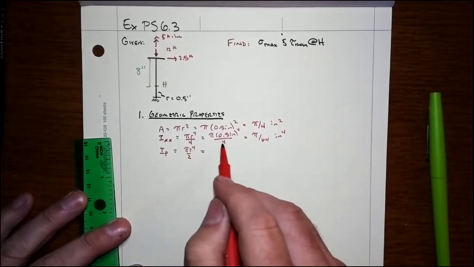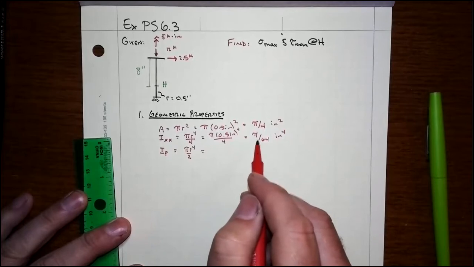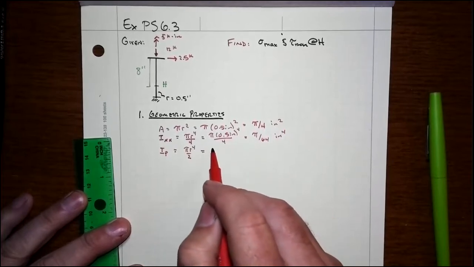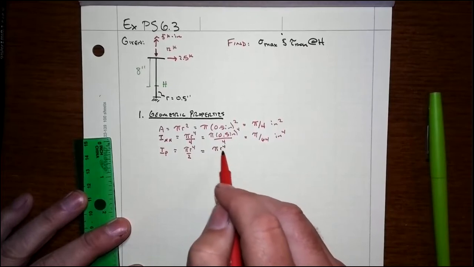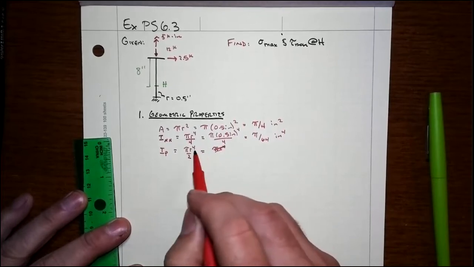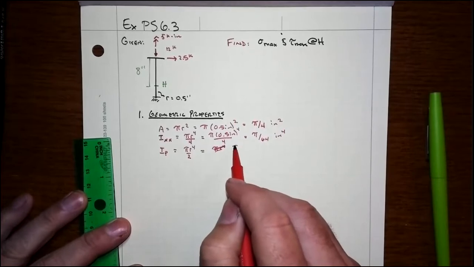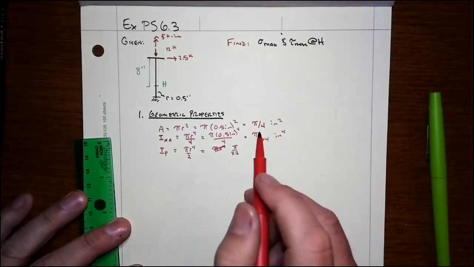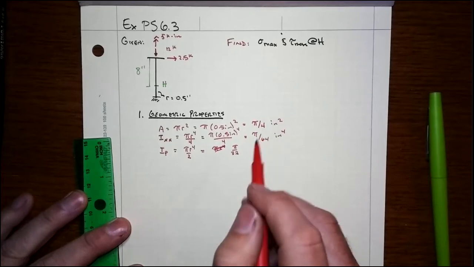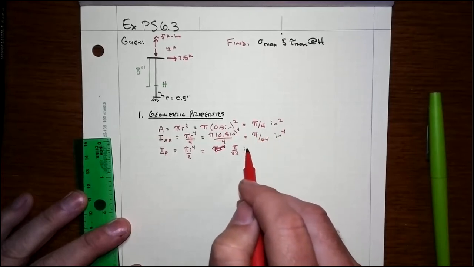So of course that's going to be basically twice as much as this is, so that would be pi r to the fourth. Sorry, r is evaluated as 1/2, so the value would be pi over 32 inches to the fourth.